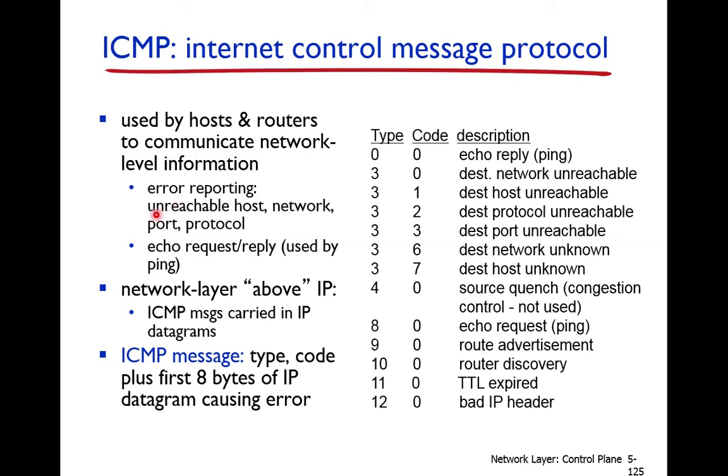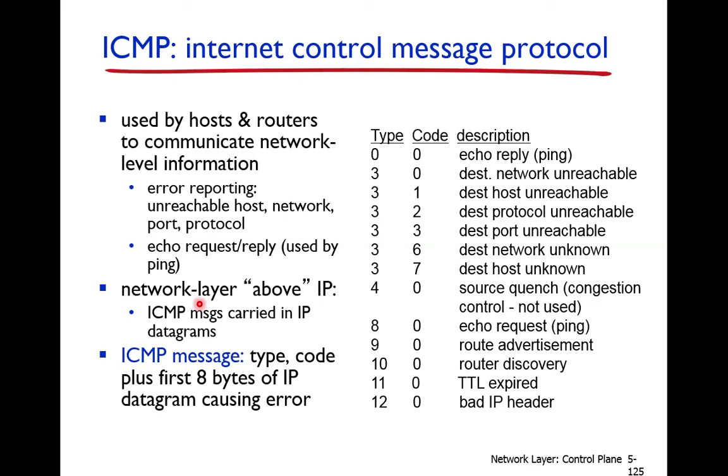The error could be that the host is unreachable, the network is unreachable, the port is unreachable, or the protocol is unreachable. Okay. So the ICMP protocol operates above the IP layer, and ICMP messages are carried directly in IP datagrams. So it is above the IP protocol.